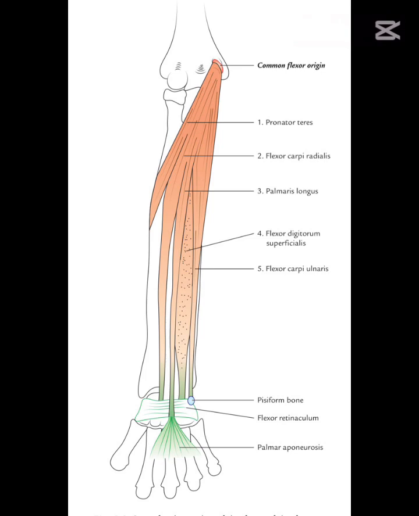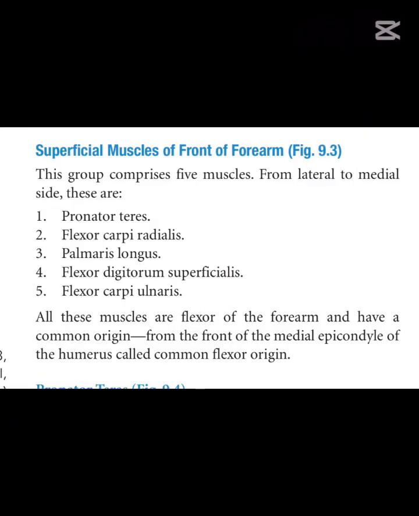Now we start with the 5 superficial muscles. In the 5 superficial you have what we call PFPFF. Don't forget, PFPFF. The P is the Pronator Teres. The F is Flexor Carpi Radialis.